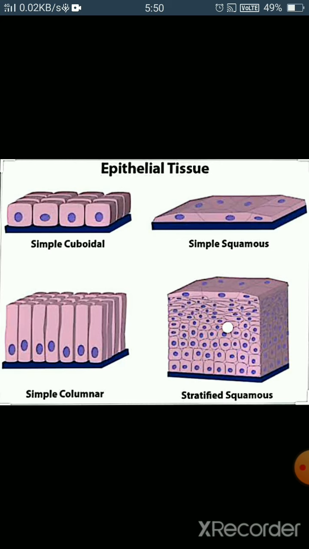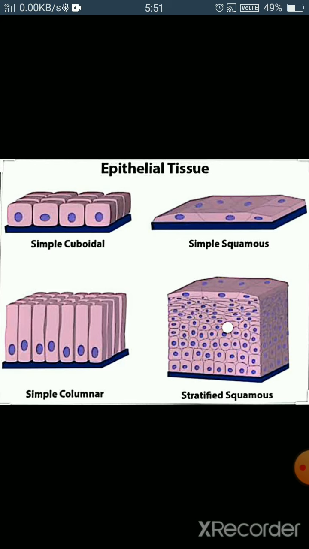Another is cuboidal. The name indicates that cubes are formed, meaning the cells are present in the form of a cube. So cuboidal epithelium forms the lining of the kidney and the ducts of salivary glands, where it provides mechanical support.